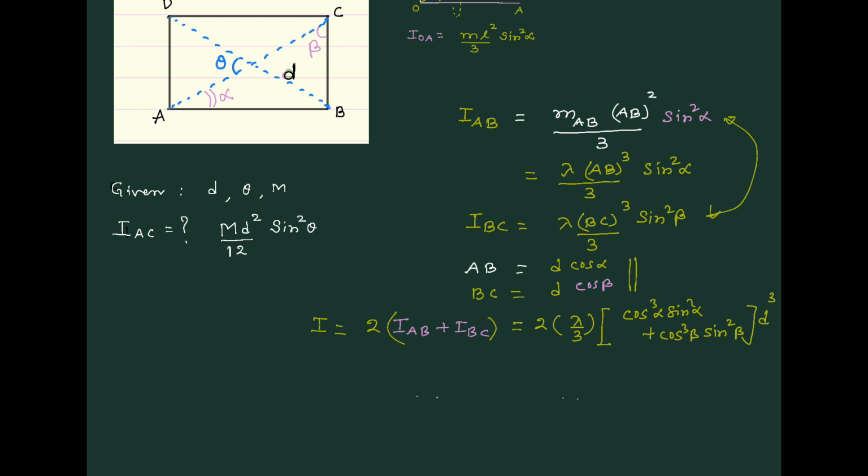If we replace these two, AB and BC here, this expression will give cos cube alpha, and here we will get cos cube beta. So d cube can be taken outside. This will be 2 lambda by 3 d cube.